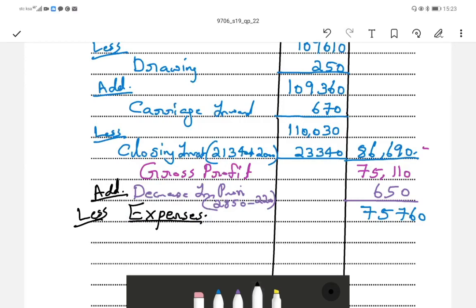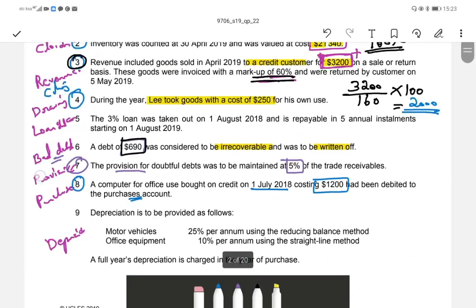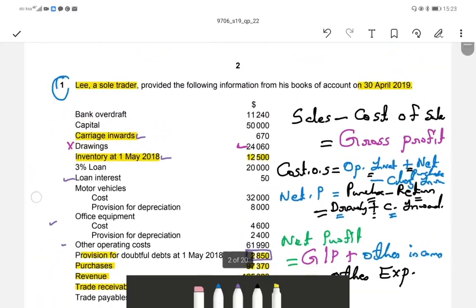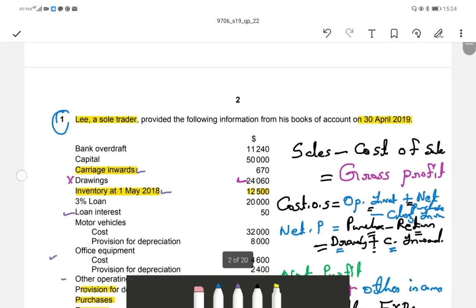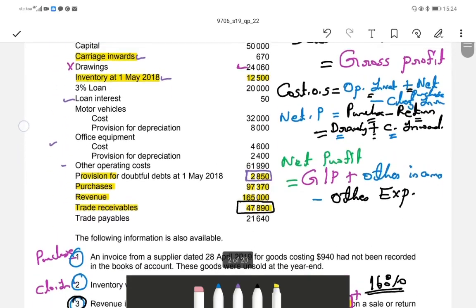Less expense. Expense we have to do one by one. Each expense we have to do, including the adjustment. Then we get the profit. So the expense is the first one, any other expense, then interest and bad debt.